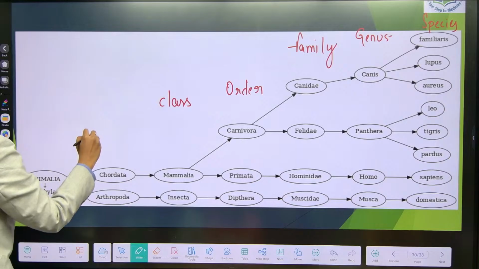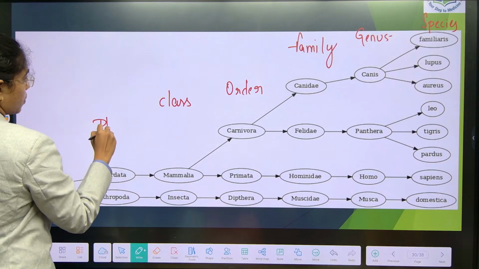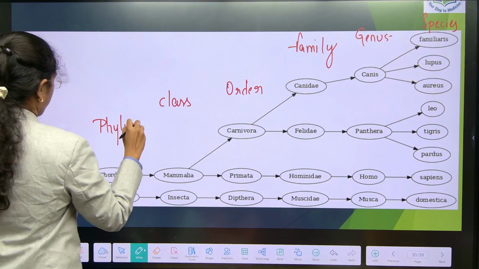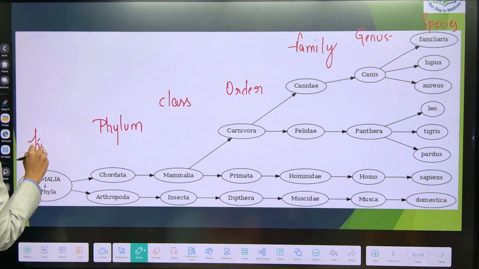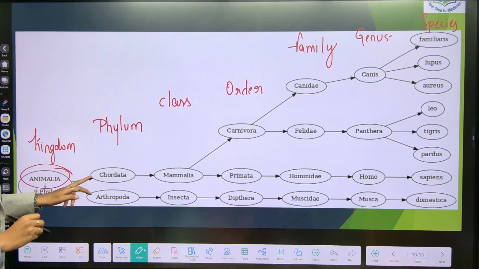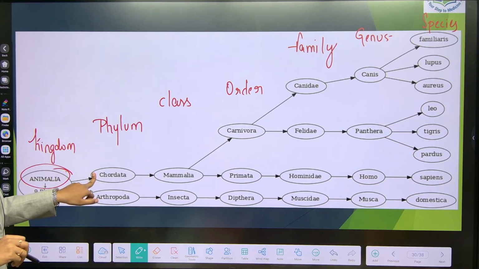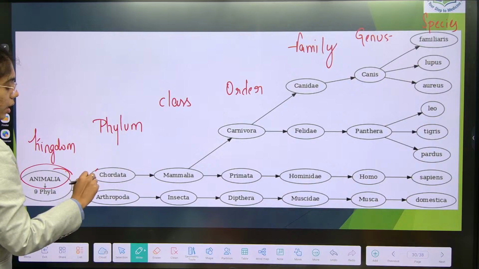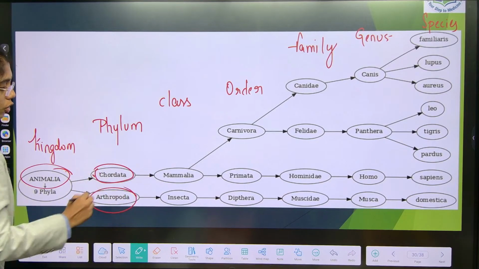Kingdom Animalia has how many phyla? 9 phyla, of which 2 phyla are given here, that is Chordata and Arthropoda.